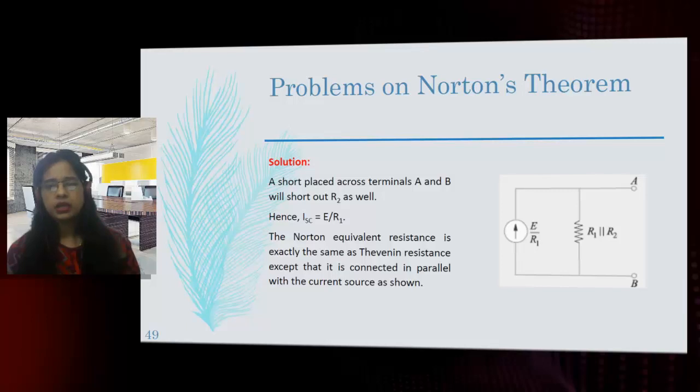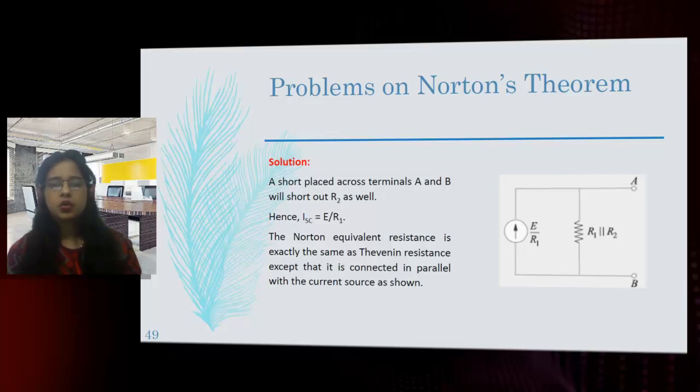The value of the current source is named ISC, that is the short circuit current, and the internal resistance is named Norton's resistance, which is the same as the Thevenin's resistance considered in Thevenin's theorem.